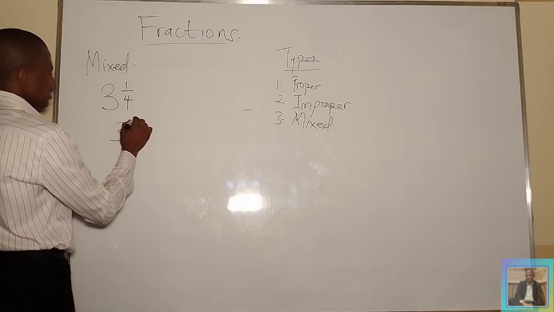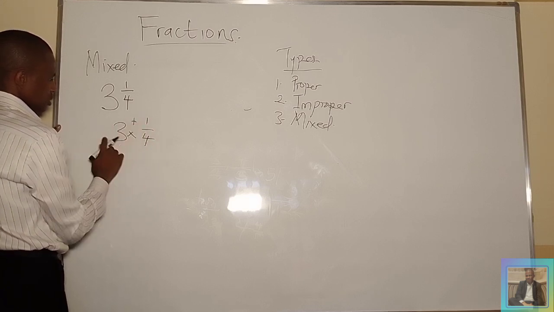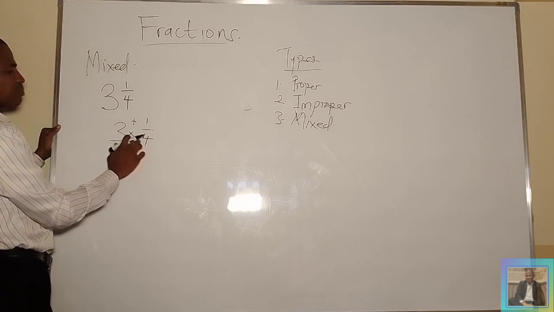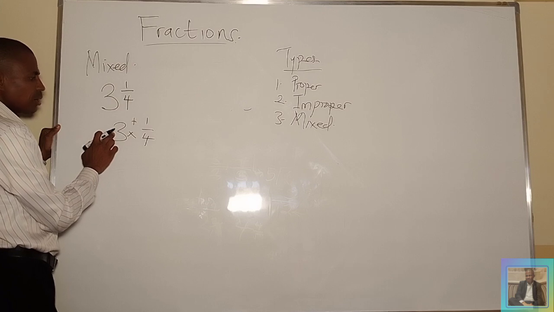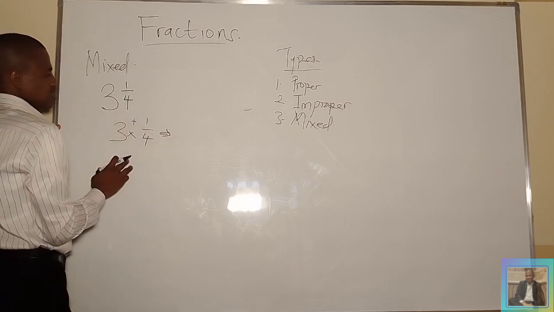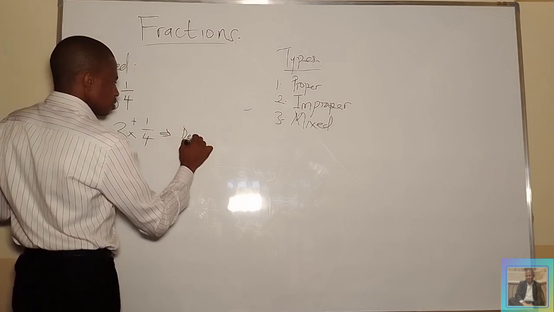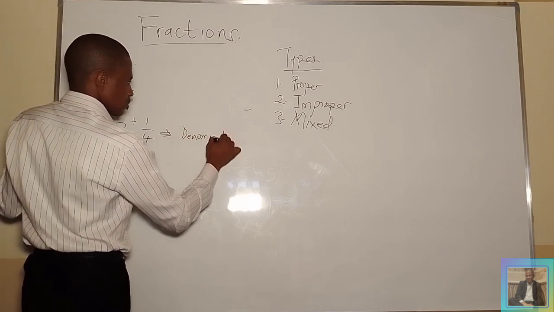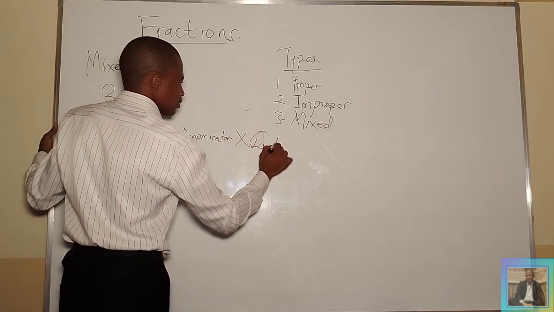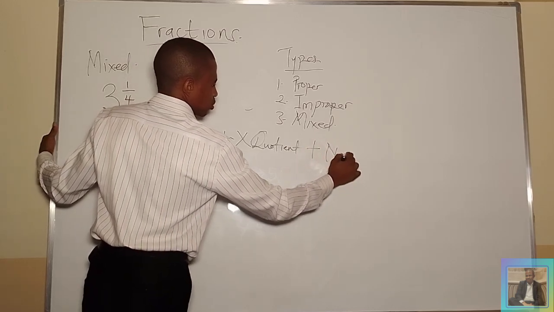We do this. We'll say the denominator multiplied by the quotient, or the integer, plus the numerator. Denominator multiplied by the quotient, then we add the numerator. What do we do?